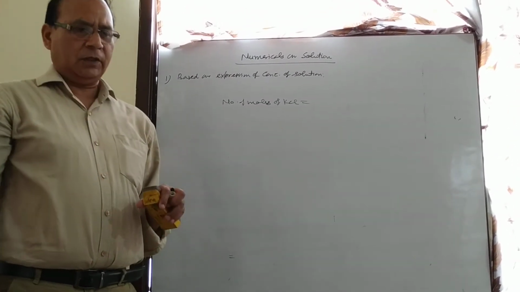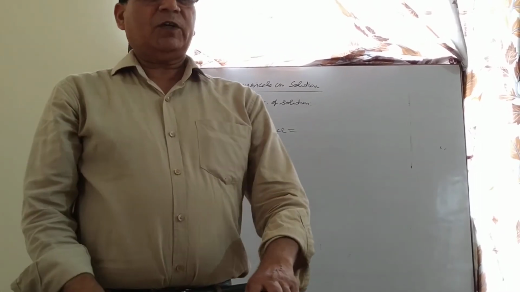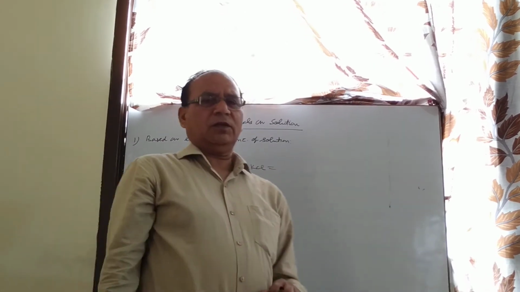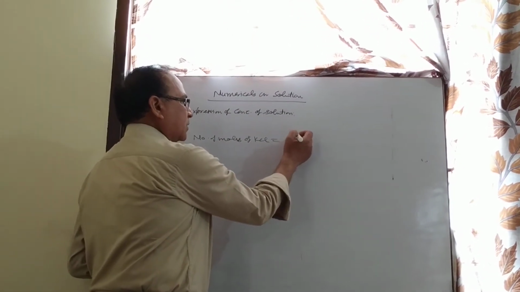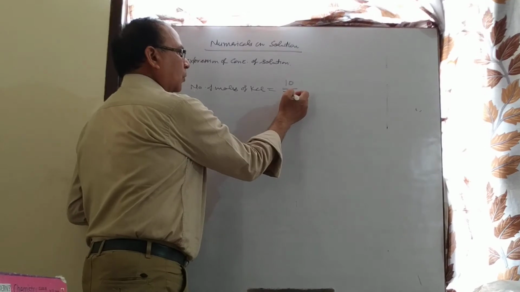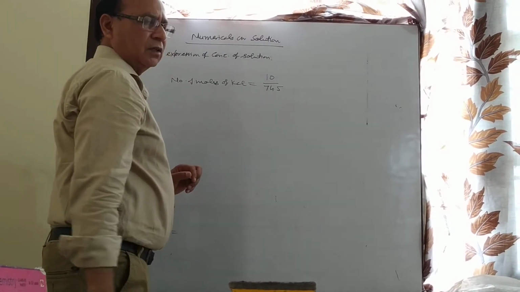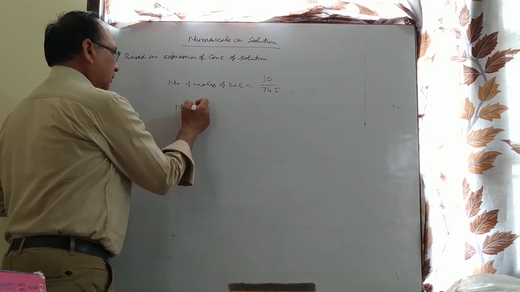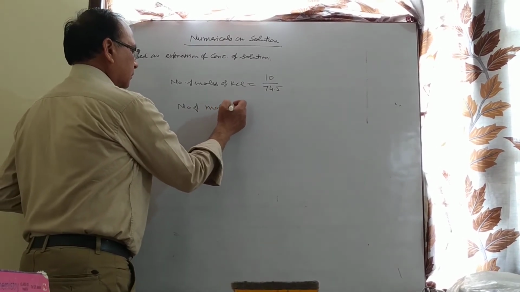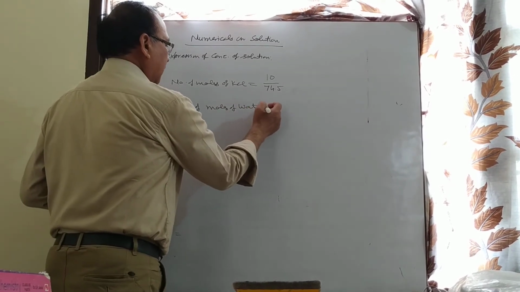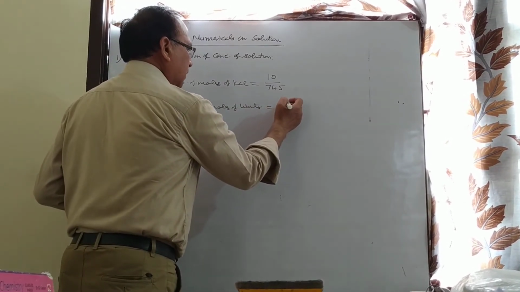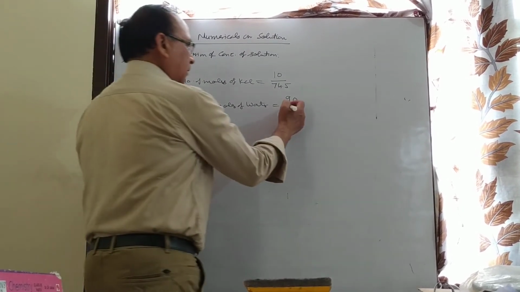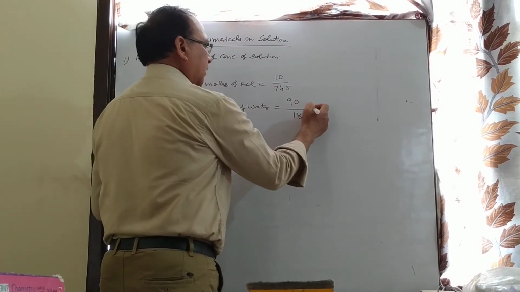We have already discussed, number of moles is equal to mass of that substance divided by molecular mass. Mass of KCl is 10 gram and molecular mass is 74.5. Okay, this is the number of moles. And number of moles of water is mass of water, that is 90, that is solvent, divided by molecular mass of water, that is 18, so it will be 5.